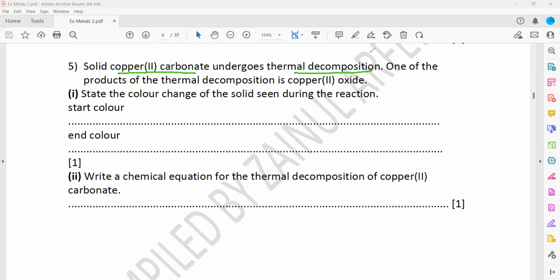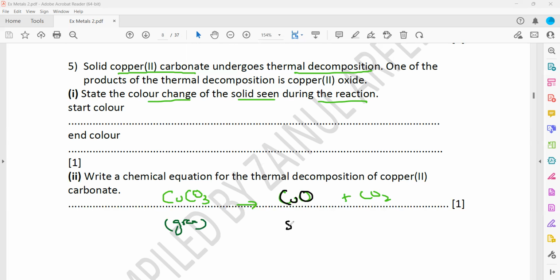In a thermal decomposition, we have one reactant and more products. So we have copper carbonate first, and when we supply the heat energy, it turns into copper oxide plus carbon dioxide. The question is, state the color change of a solid during this reaction. Copper carbonate is green in color and copper oxide is black in color.